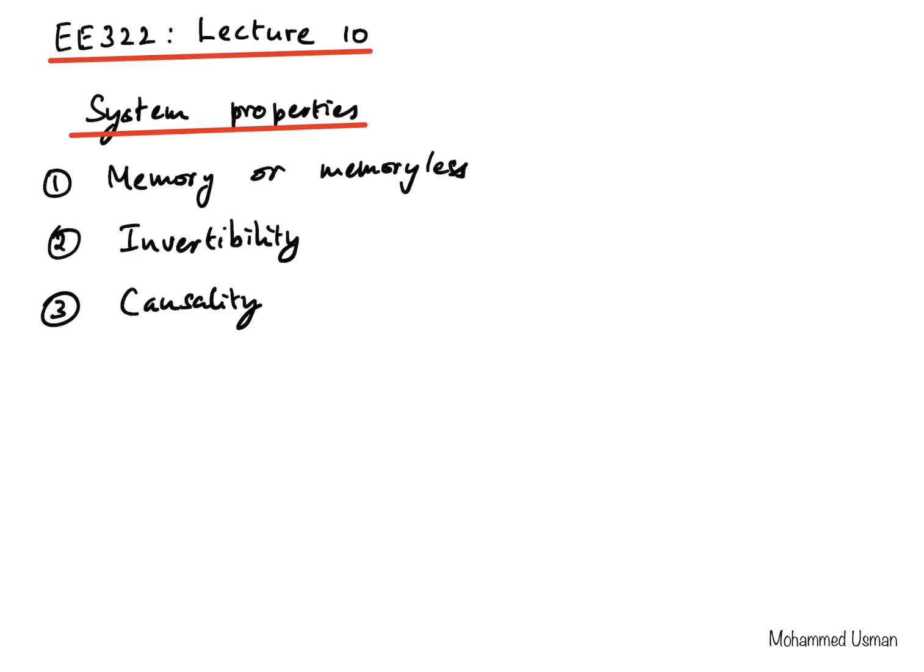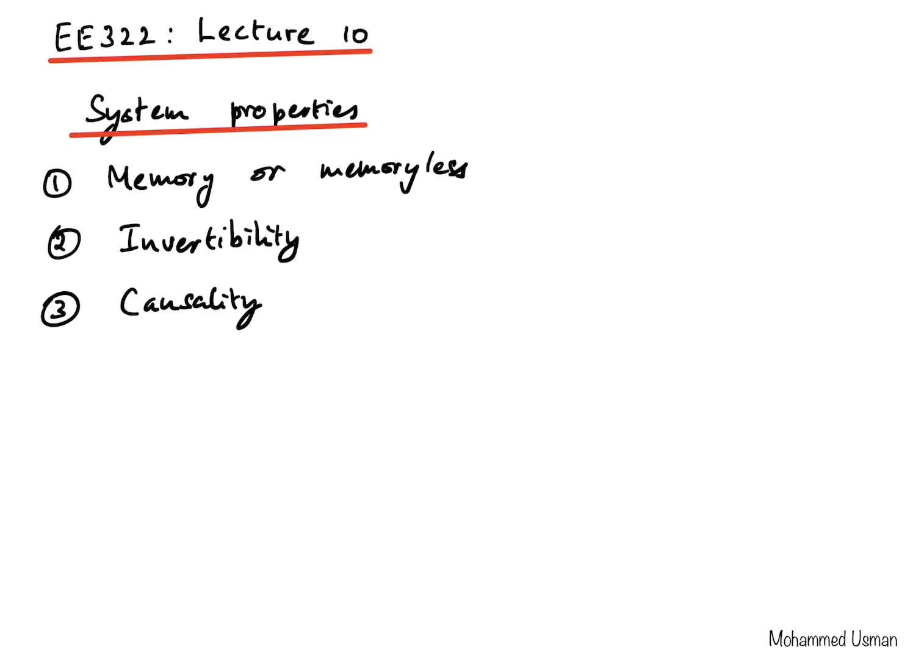And causality is the property where the output of a system depends only on the current and or past inputs but not on the future inputs. So a system is said to be causal if the output at any point of time does not depend on future inputs.